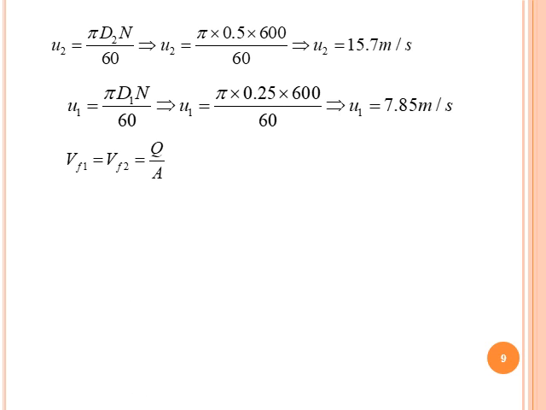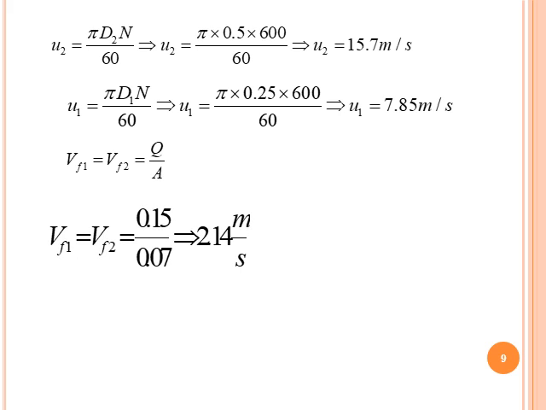Here the flow velocity remains constant from the inlet to the outlet, that is Vf1 is equal to Vf2. It is calculated by the expression from the discharge. The discharge is equal to area of the flow times velocity of the flow. So the velocity of the flow is equal to the ratio of discharge to area of flow.